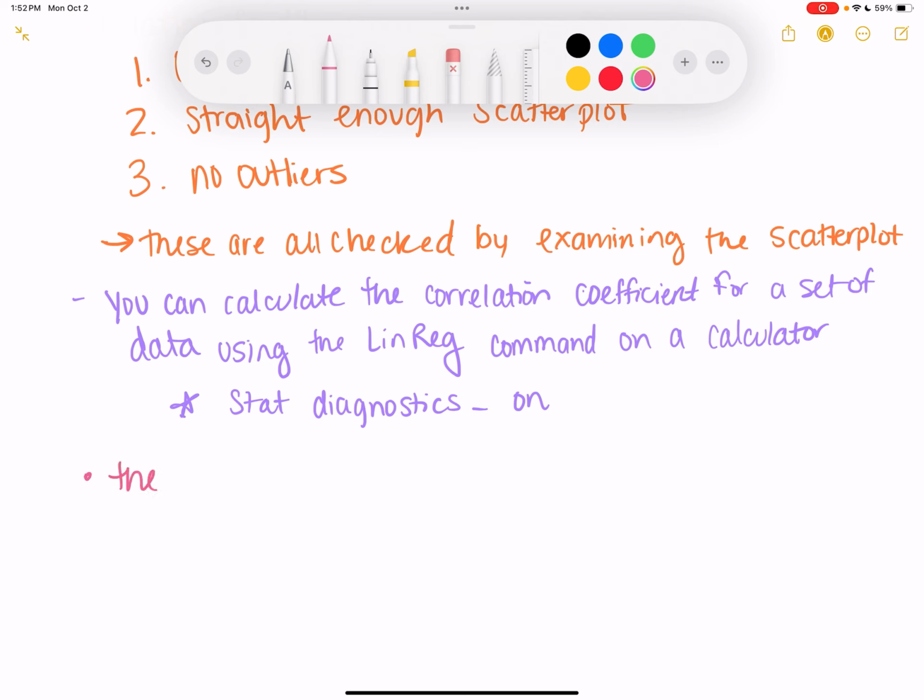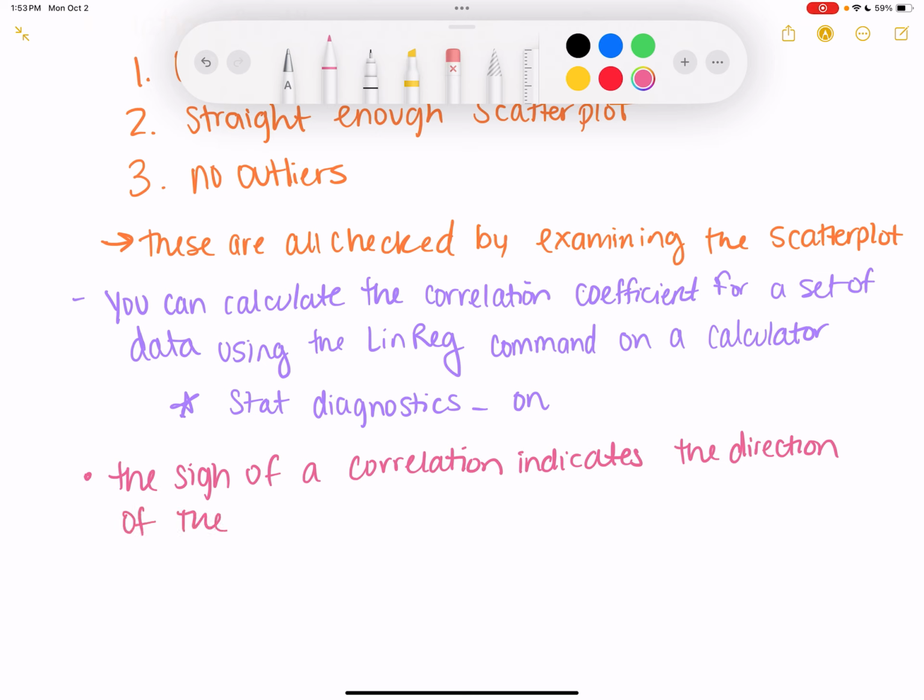The sign of a correlation indicates the direction of the association. So meaning like positive has a positive association. So think like positive slope.